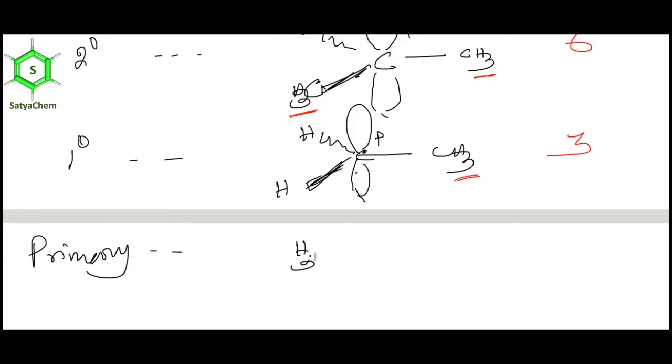This is the primary carbocation. This unsaturated carbon contains a p orbital, but there is no other saturated carbon attached to this carbon, so 0 hyperconjugative hydrogens.